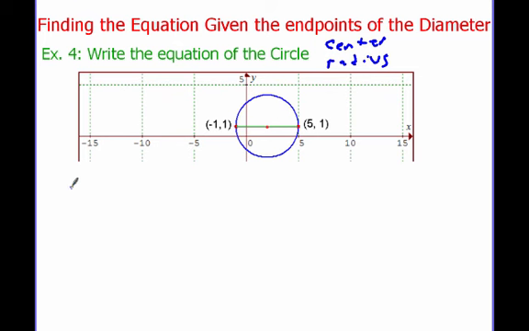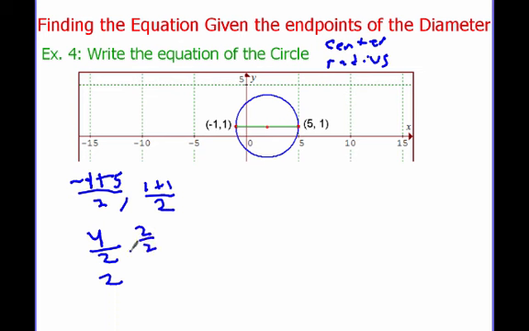So to find the midpoint, I use the midpoint formula, -1 plus 5 over 2, and 1 plus 1 over 2. -1 plus 5 is 4 over 2 gives me 2. 1 plus 1 is 2 over 2 gives me 1. So we figure out that we have a midpoint of 2, 1.